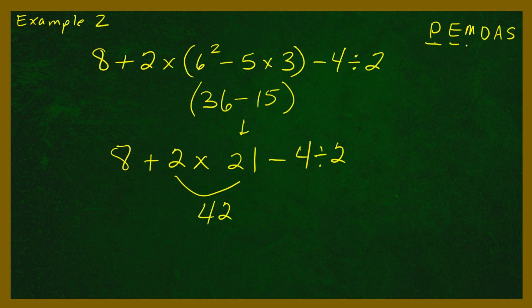And let's carry it out even further. We have division here. So let's go ahead and divide 4 divided by 2, which will give us 2. So now we can bring down the remainder of our problem. 8 plus our 42 minus our 2.